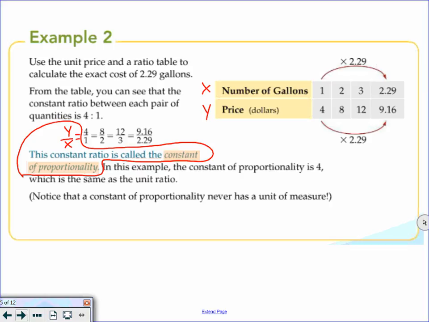So again, it shows we can just take the unit price, which is 4, times the 2.29, the number of gallons, and that's going to give us the cost, or the price, for those 2.29 gallons. In this case, that 4, our unit price here, is also our constant ratio, which is called the constant of proportionality.